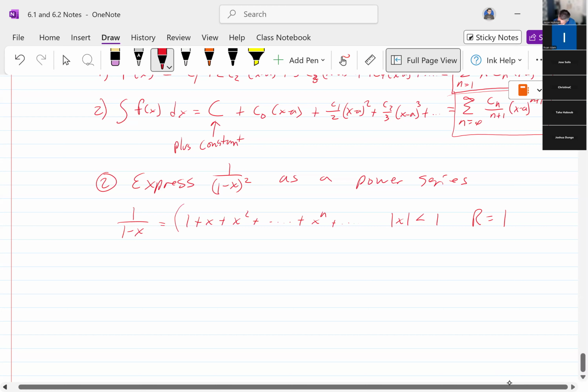That would be like taking this whole thing and squaring it. But that's not going to work out too well, because we've got an infinite series times an infinite series. It's going to be hard to deal with. I will show you how to deal with something like that in the next session.